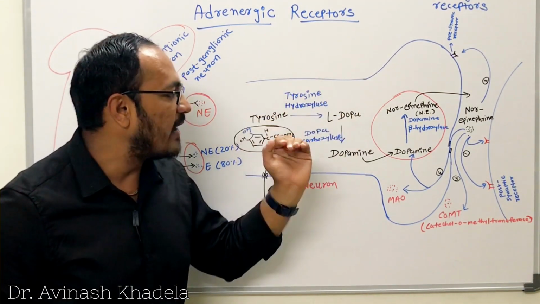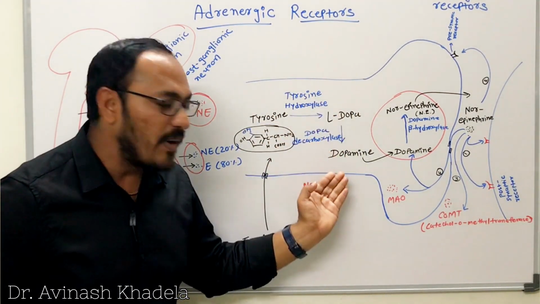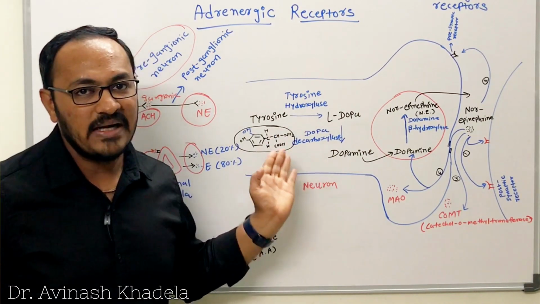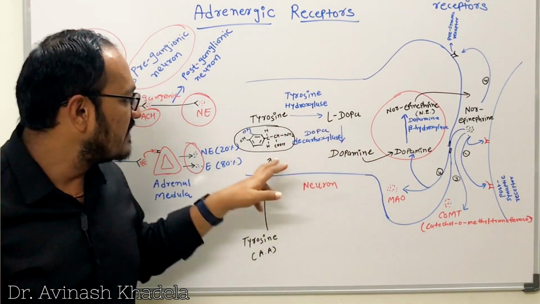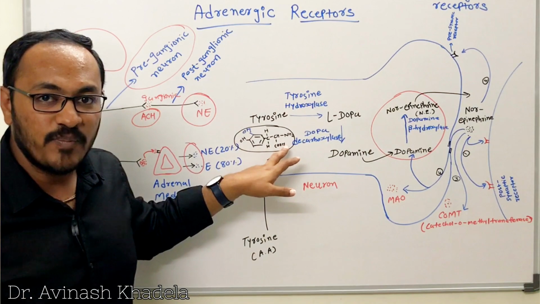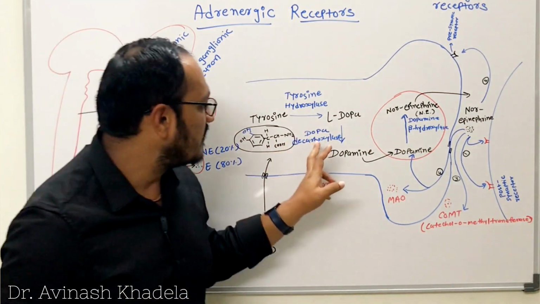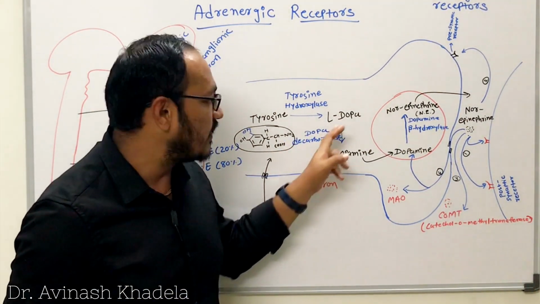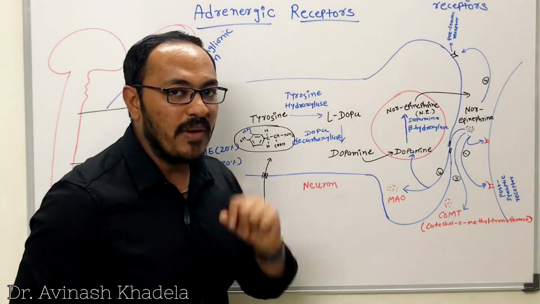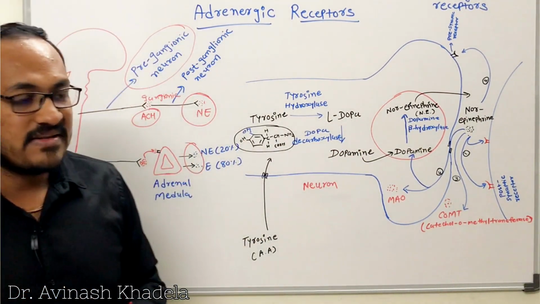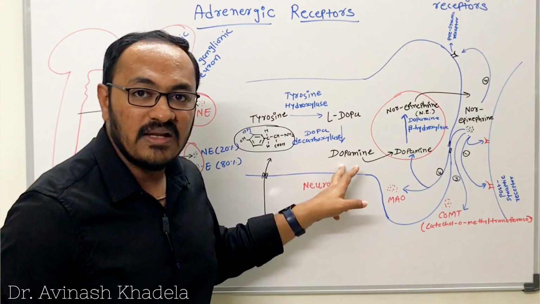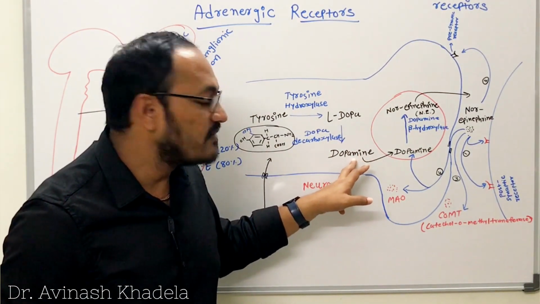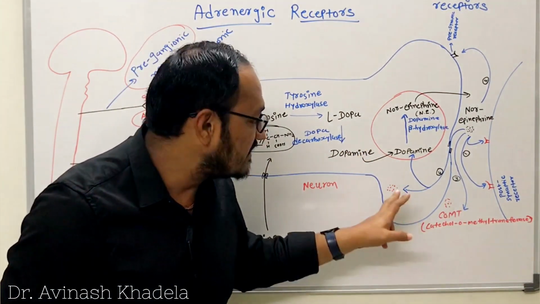Now this L-DOPA will again be converted into dopamine with the help of DOPA decarboxylase, whereby the COOH carboxyl group will be removed. So DOPA decarboxylase will convert L-DOPA into dopamine. Now the problem over here is that dopamine is degraded by some enzymes inside the neuron.